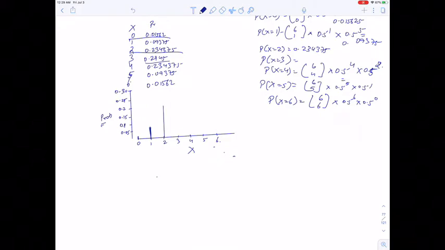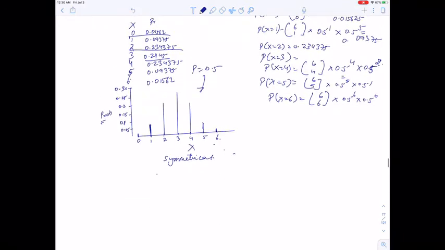Then we have 0.2945, so that's probably this tall. And we have this, then this, and this. So you see it is symmetrical. Here it was a fair coin, p is equal to 0.5, so we get a symmetrical distribution.